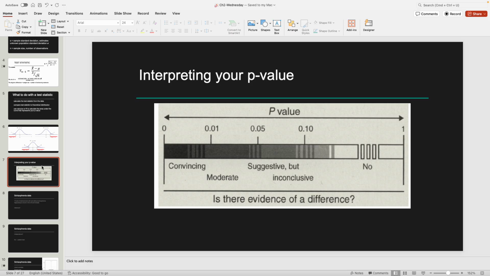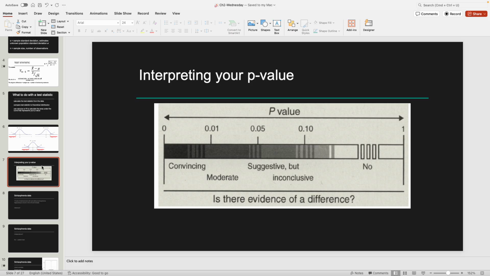Okay? So generally a p-value is considered suggestive, but generally inconclusive when it's around 10%. When it gets closer to 5%, we think it's suggestive.